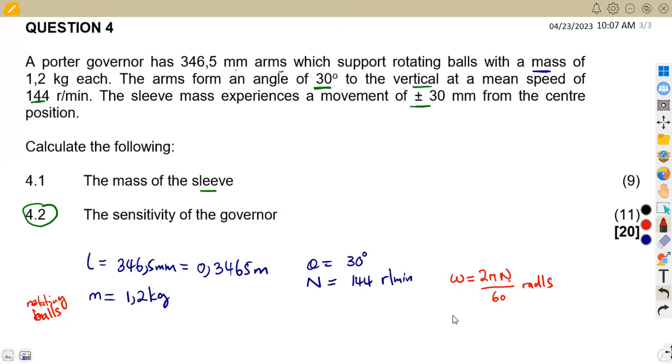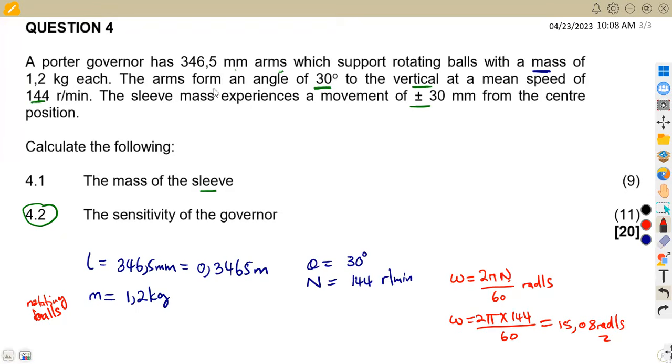So omega is 2 pi times 144 over 60, which gives us the mean speed of 15.0796 rad per second, which rounds off to 15.08.